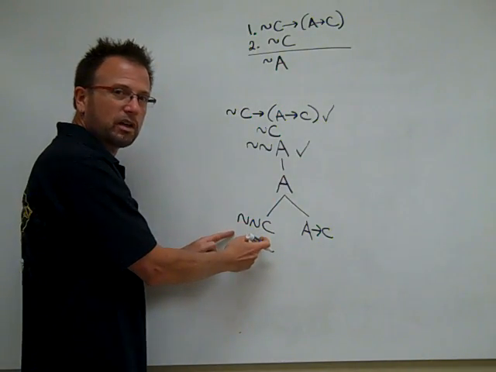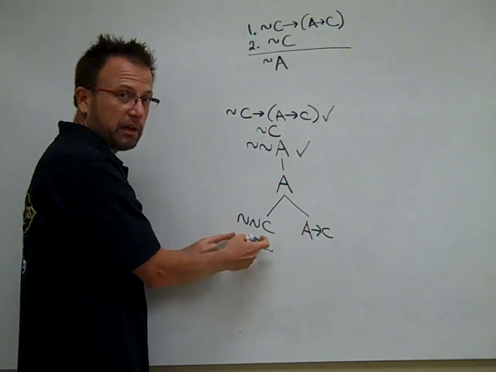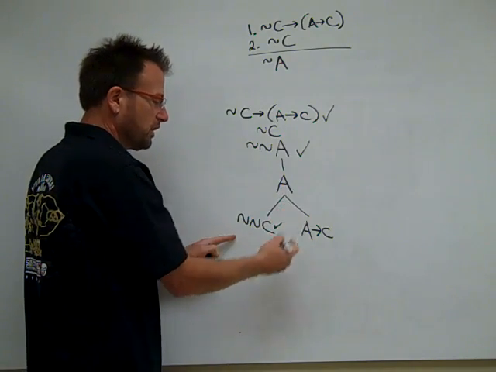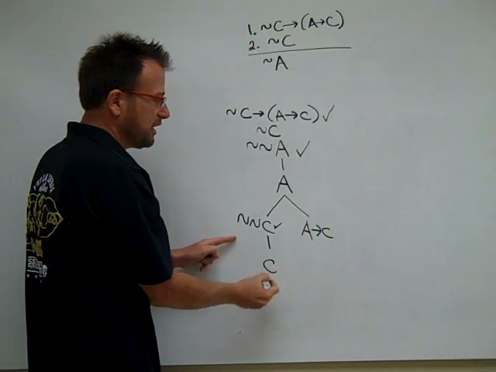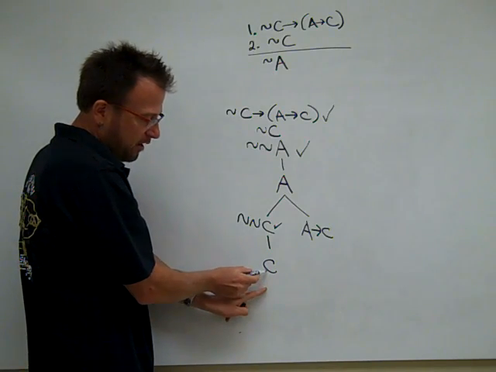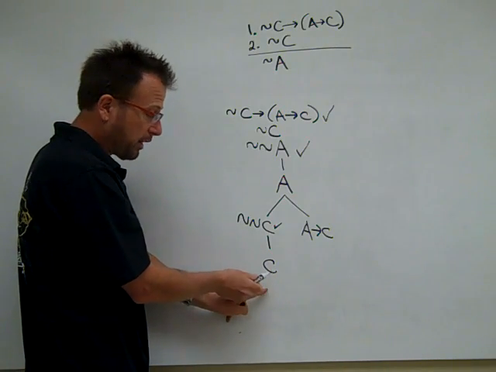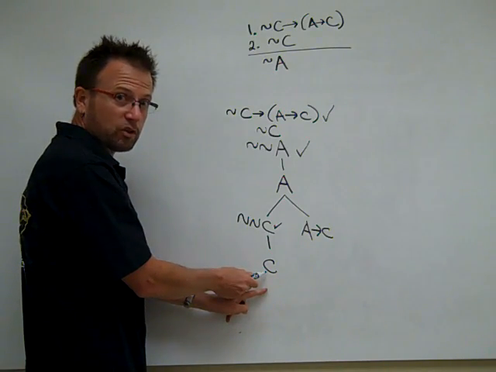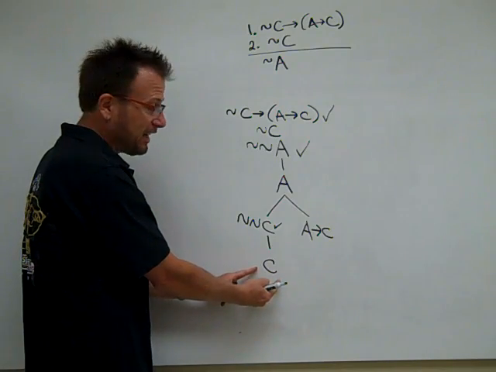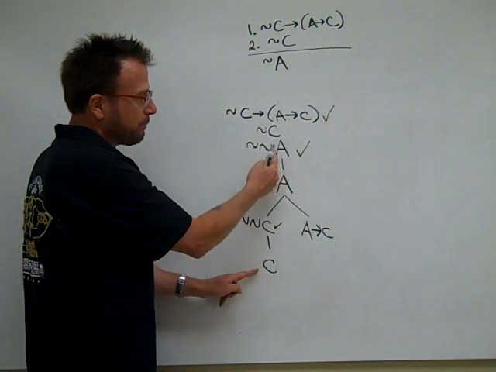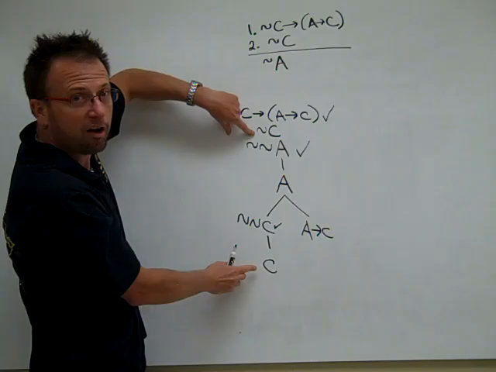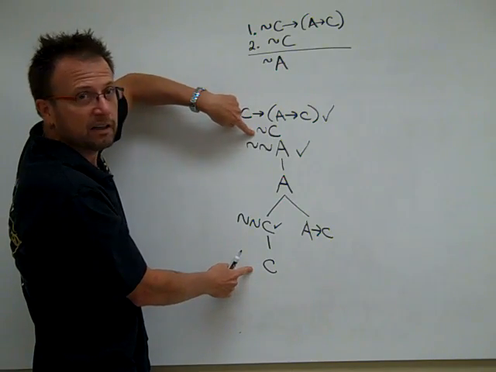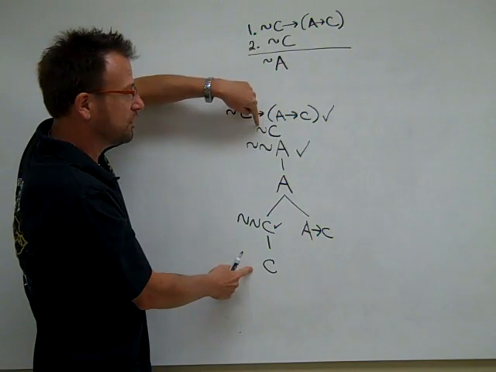Under what conditions will not C be true? Well, just as with the double negation, not C will be true when C is true. But notice now, and this is where you close the branches, I have here asserted as true the simple statement C, and if I trace that branch up, I notice that the simple statement is also asserted to be false.